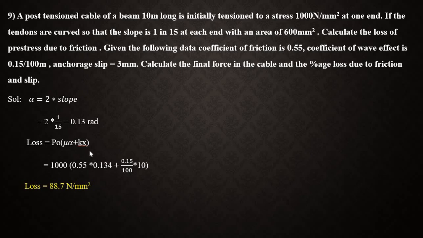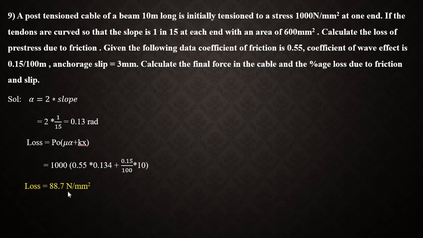The coefficient of wave effect is given as 0.15 for 100 meters, so 0.15 by 100 into x, where x means the length of the beam. So the length of the beam is 10. After substituting, the loss is 88.7 Newton per mm square. This is the loss due to friction.